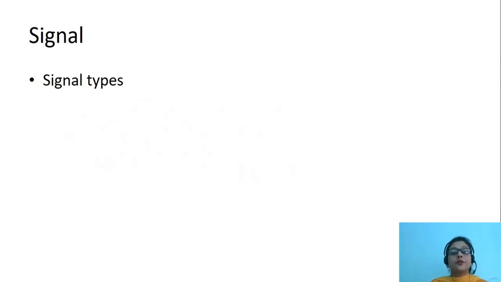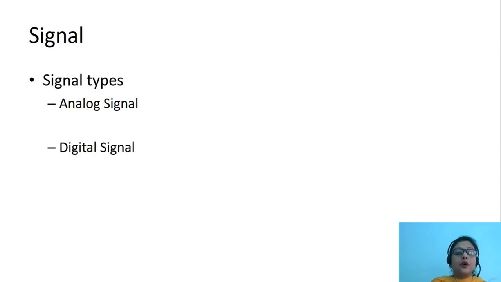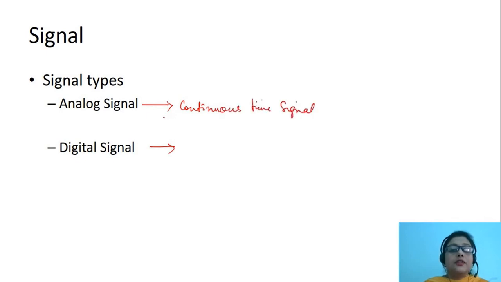What are the different types of signals? Signals can be of analog type or of digital type. An analog type of signal is basically called a continuous time signal, and a continuous time signal exists at each and every instant of time.